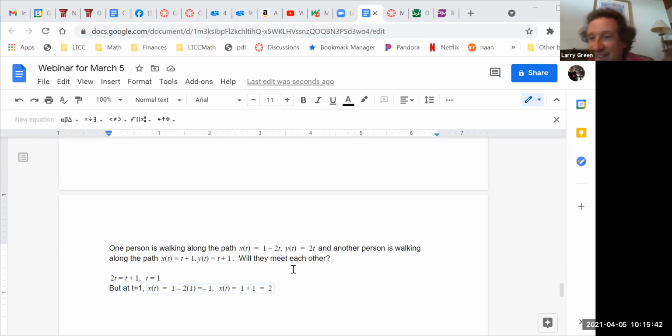Let's say t is in days, just for fun. No, because it's going to be like 3 days apart from when those things cross. Do you see that? So parametric equations tell you a lot more than rectangular equations and regular old equations. Parametric equations don't just say, do the curves intersect, which is true, they do intersect. It also tells you, do they meet at the same time? Any questions on that idea?